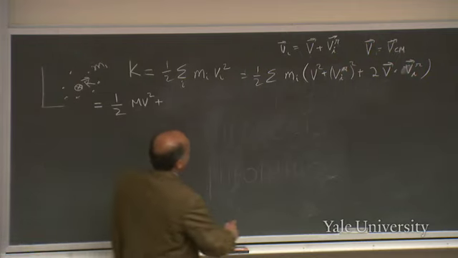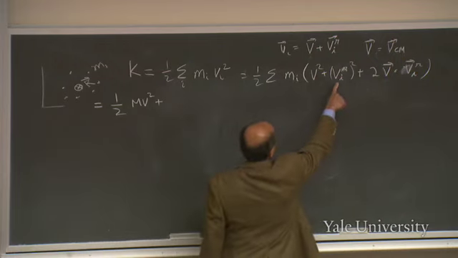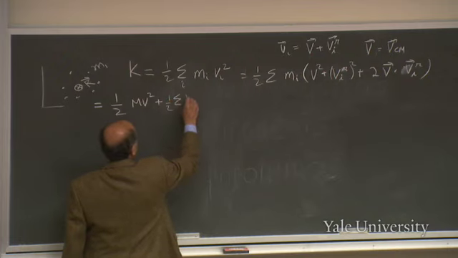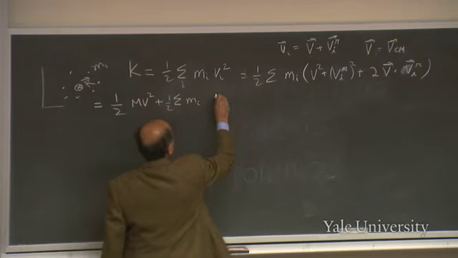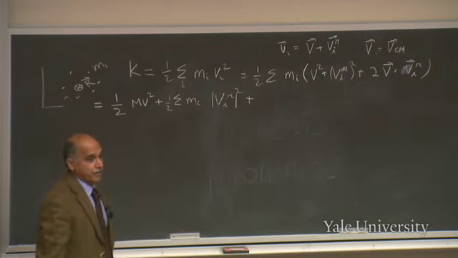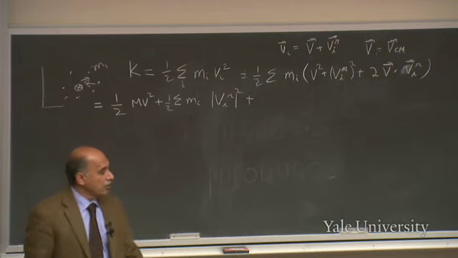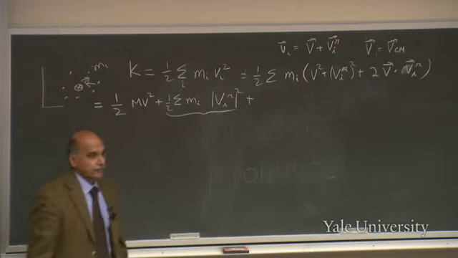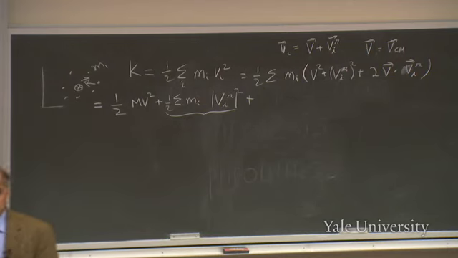Then let me take this term. This is some mi vi relative squared. What is that? You guys should think about what this quantity stands for. Can you tell me what it stands for? Yeah.